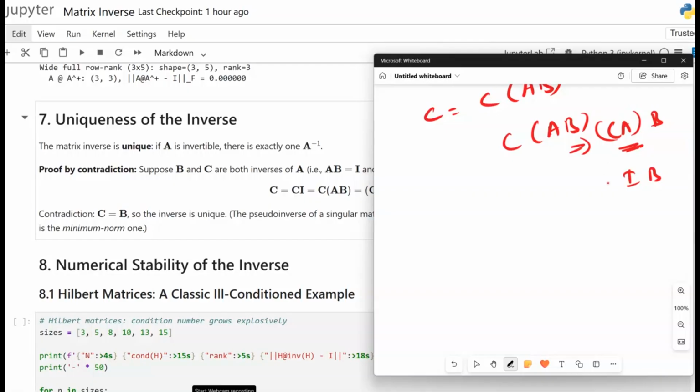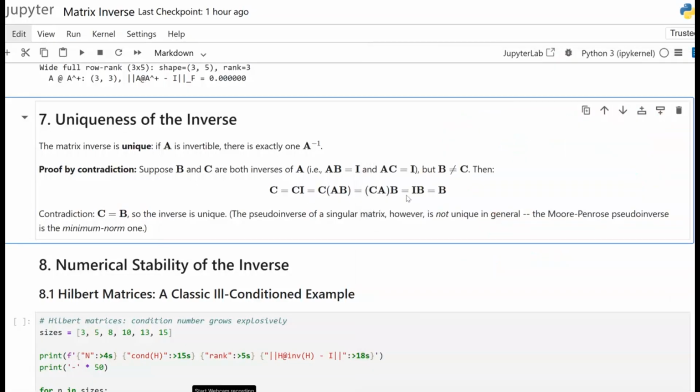Again, multiplying by the identity matrix changes nothing, so IB becomes B. Putting everything together, C equals B. This is a contradiction. Whenever a mathematical assumption leads to a contradiction, the assumption must be false. Therefore, our original assumption that a matrix could have two different inverses is impossible. Hence, an invertible matrix has one and only one inverse.